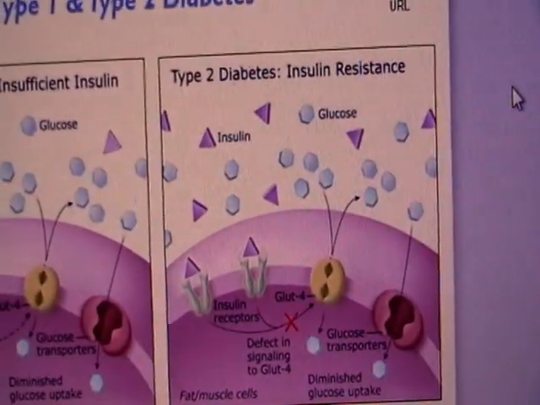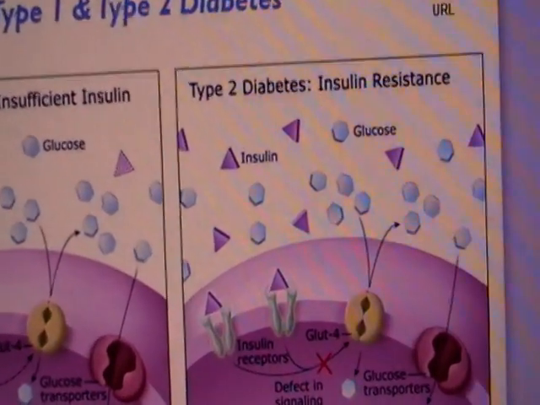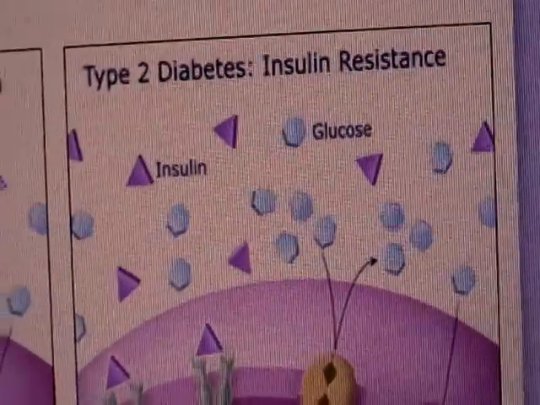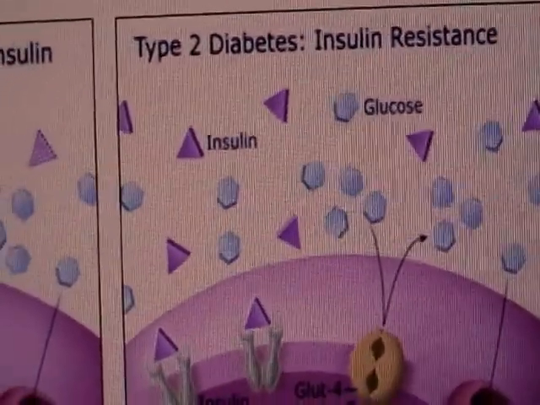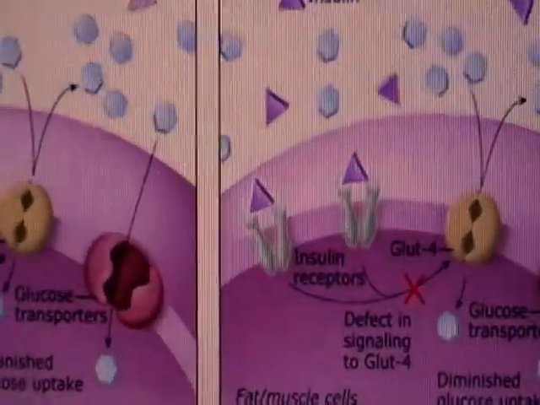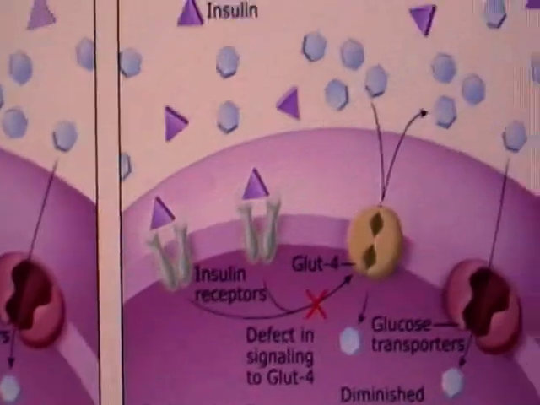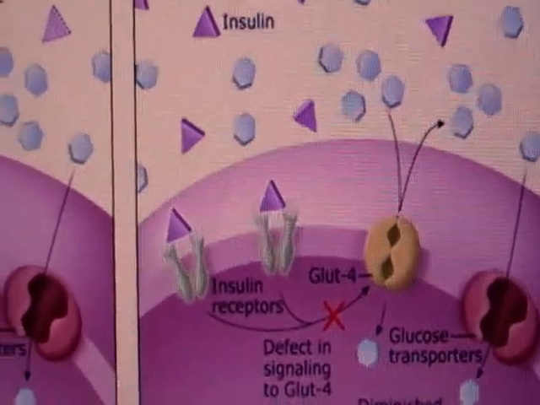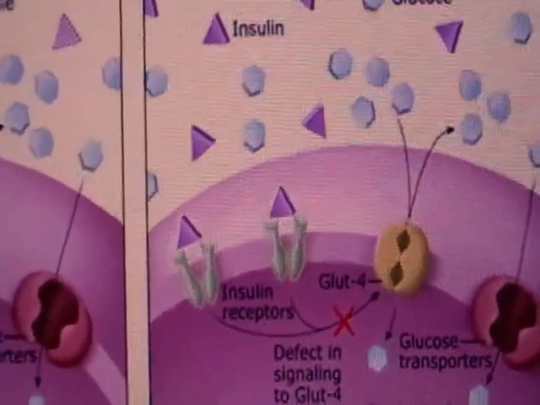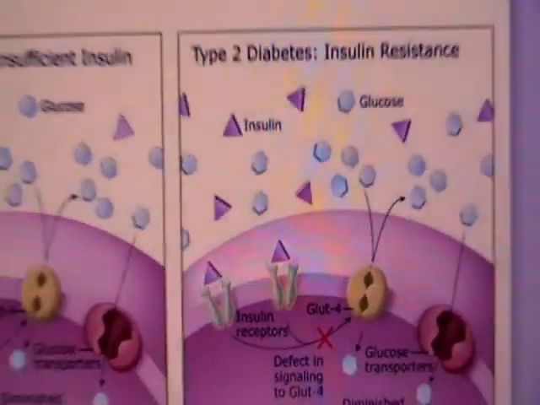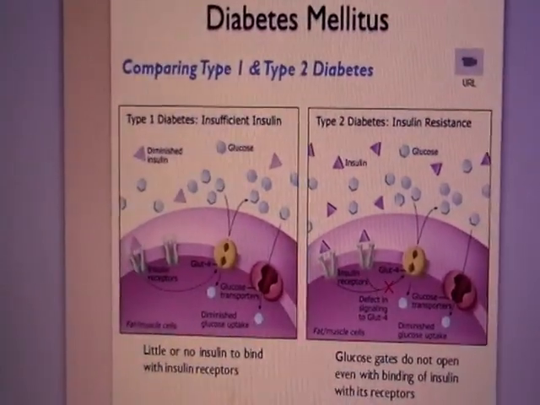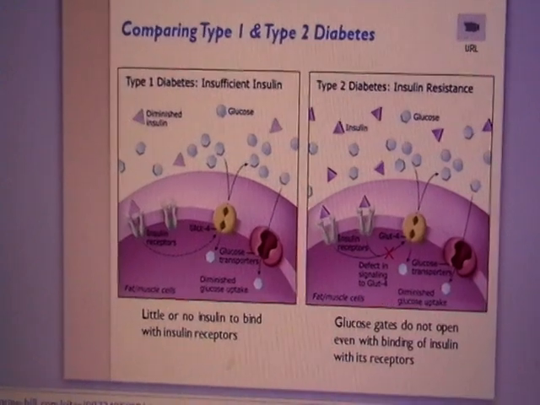On the other hand, in type 2, you can see from this diagram, the amount of insulin is still high; there is still insulin in the blood. It is just that even upon the binding of insulin to the receptor, the glucose transporter is not functioning because it is less responsive. So these are the two main differences between type 1 and type 2 diabetes.